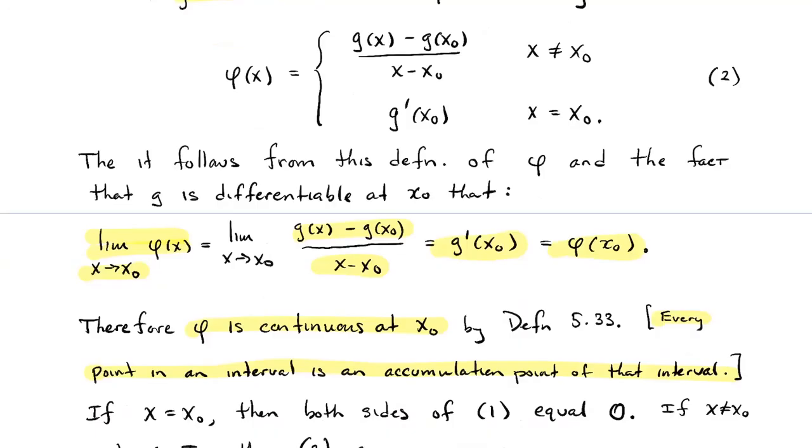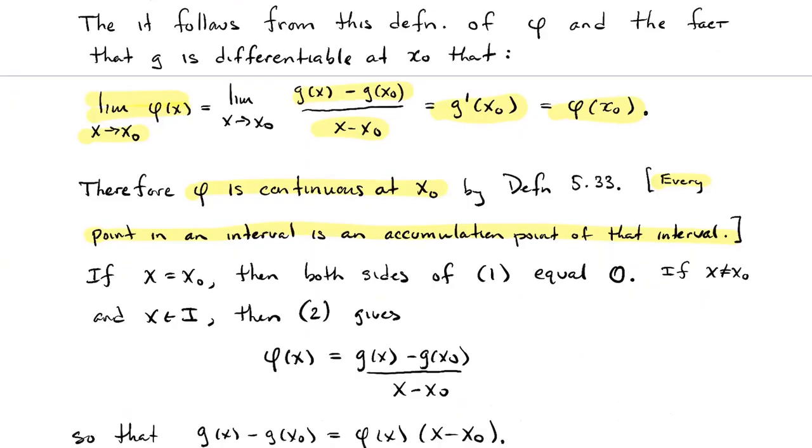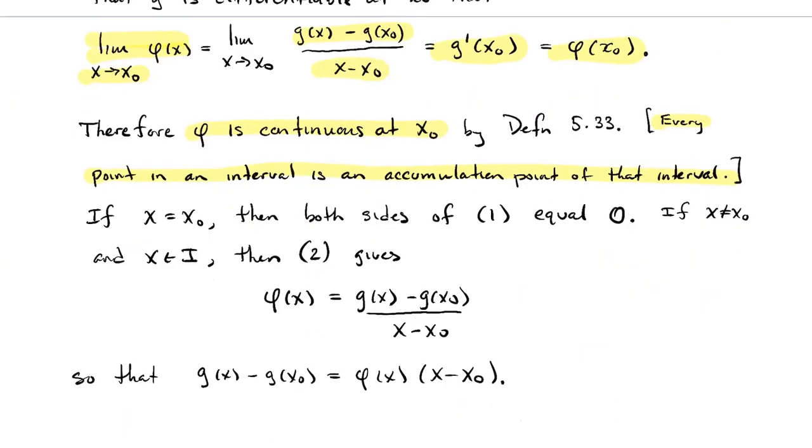How do I show that equation 1 holds above? Well, we'll just check it out. If you take x to be x naught, both sides of equation 1 are equal to 0. g of x naught minus g of x naught is 0, and phi of x naught times x minus x naught is 0.